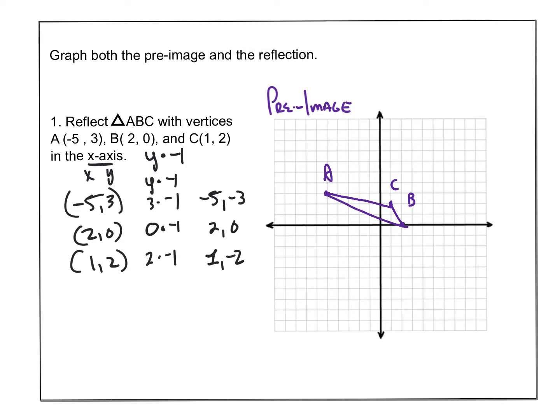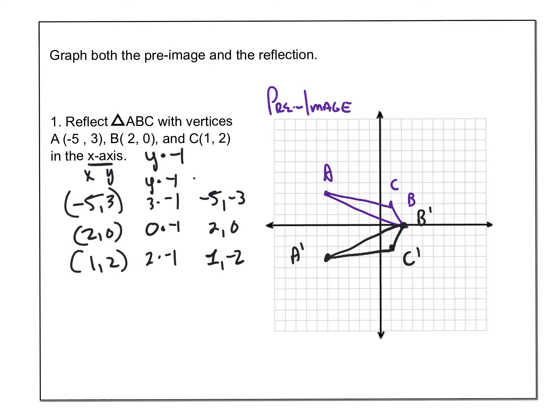So over the x-axis, now I go -5, but this time I go down to -3. So that's often A prime, or A with a little tick on it. B doesn't change, so this is also B prime. And C will be right here, so that's often denoted as C prime.